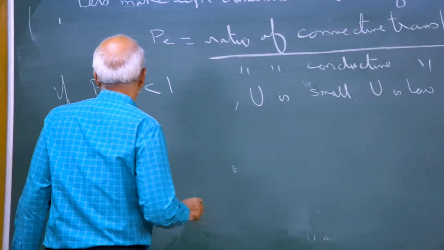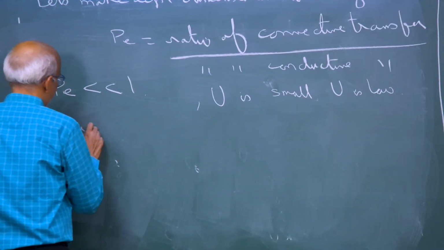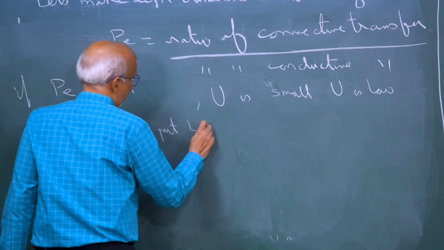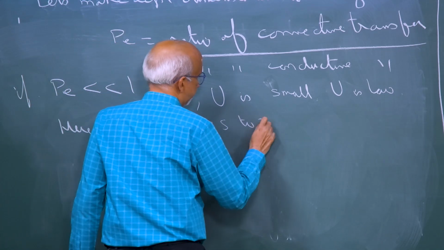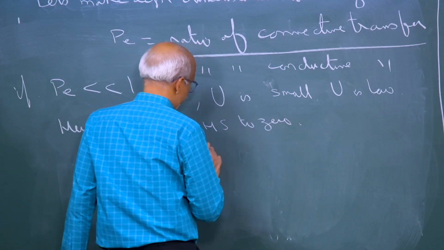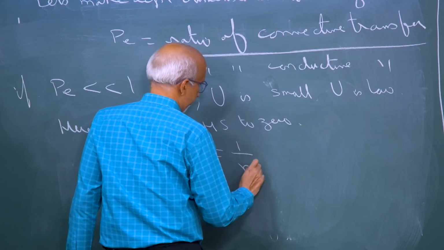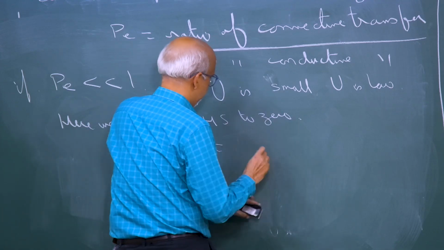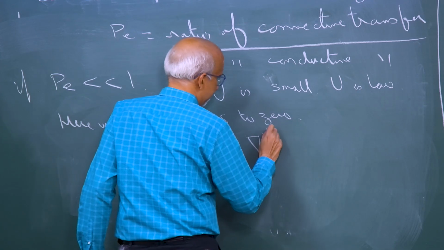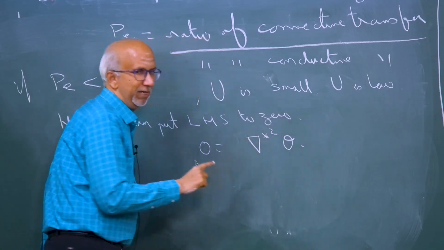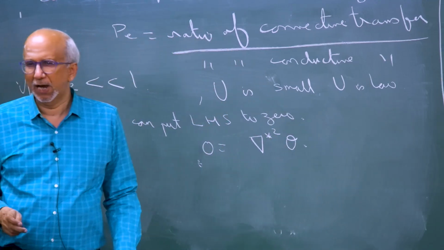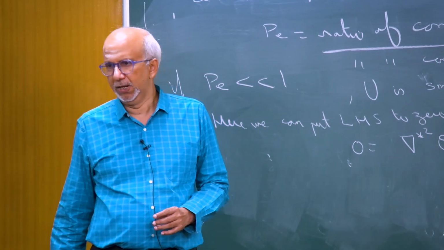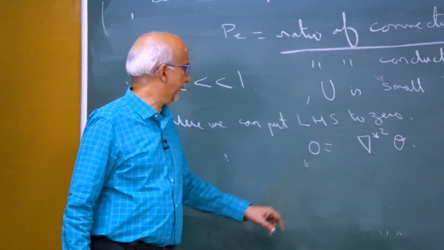So here we can put LHS to 0 and we end up solving 1 by r star squared, I will just write this del star squared theta. Del star means all the directions r and z are in terms of r star and z star. So that is my equation, this is my conductive equation.